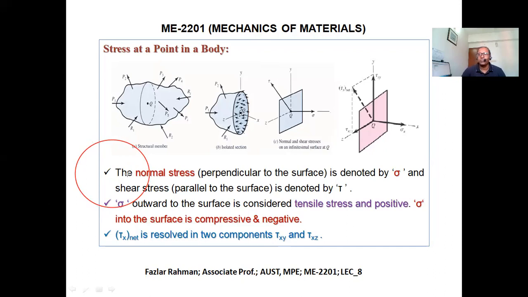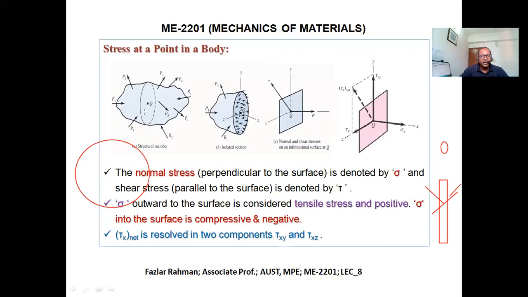I already showed you this by splitting a body at a certain angle theta, right? If you cut like that, there will be a shear force working along this direction and a normal force working perpendicular to the surface.